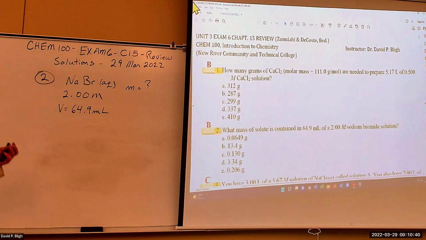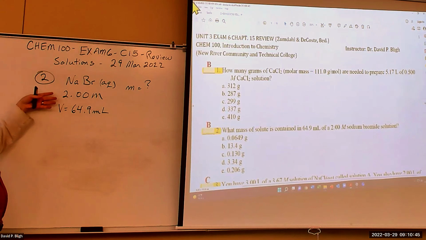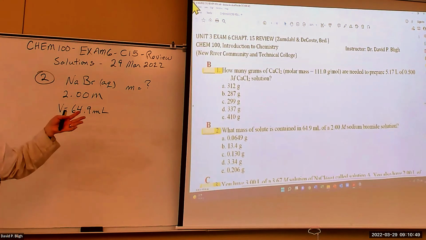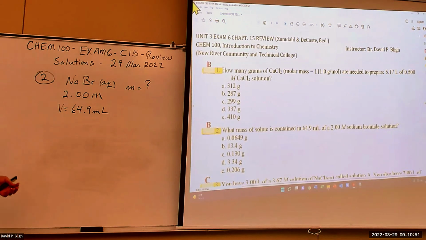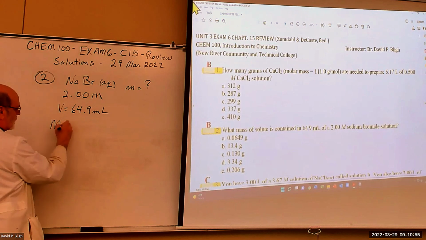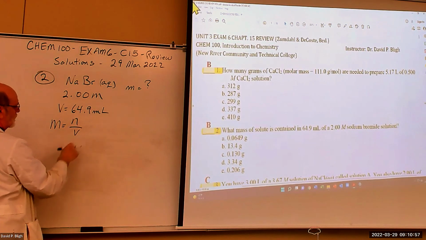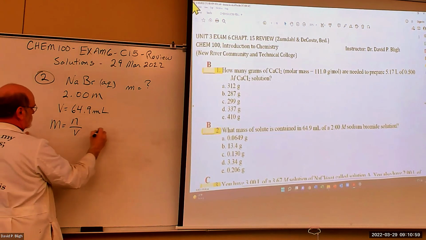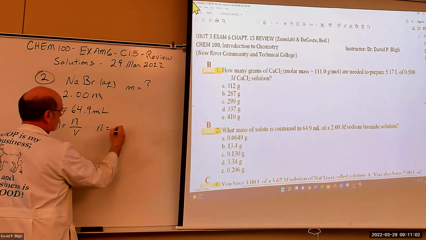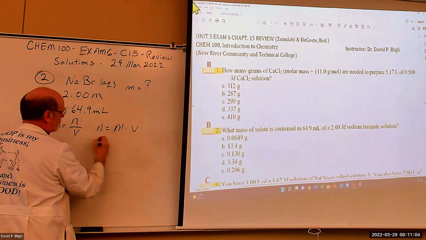Okay, so here we have again a situation where we can use these to find out the moles, but then we need to convert that into mass. So if we have our expression again, and then we're going to solve for moles, equals molarity times volume.